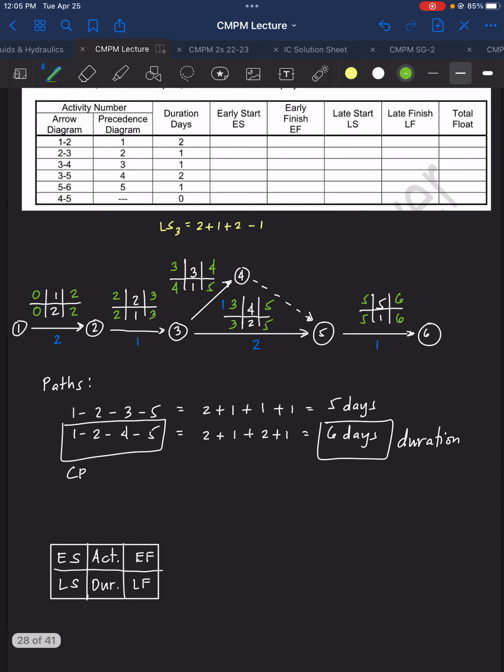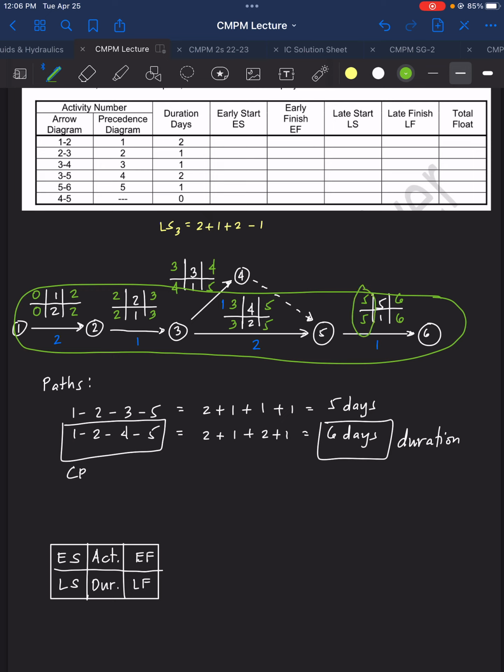And what I want you to notice is that whenever an activity is along the critical path, this is your critical path, right? So along the critical path, an activity will always have the same early start and late start, and the same early finish and late finish.